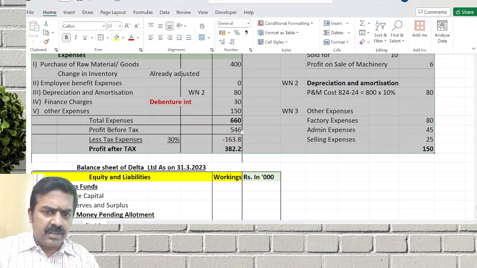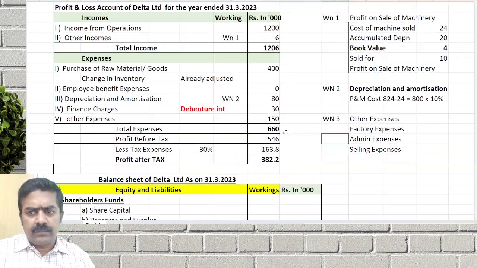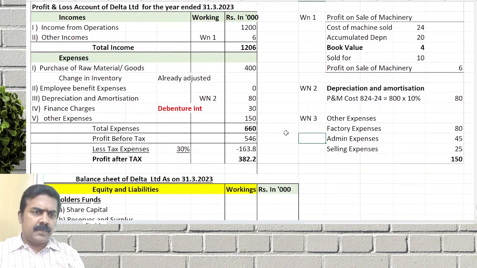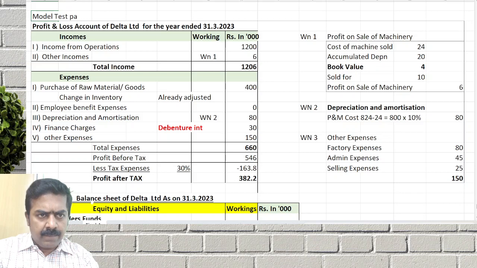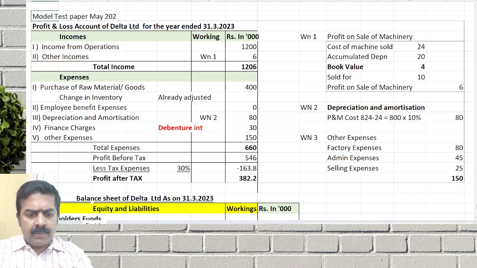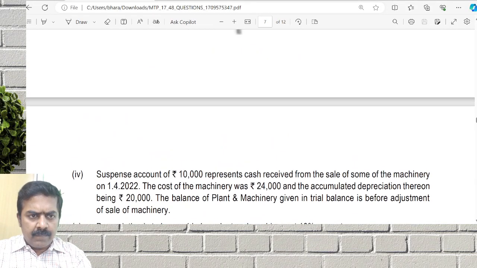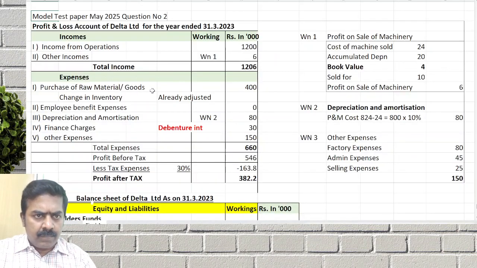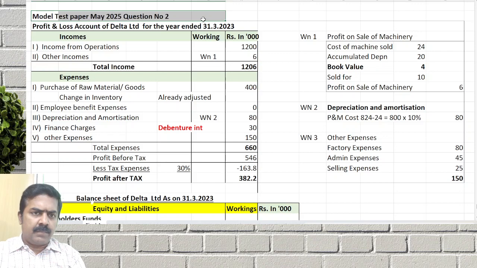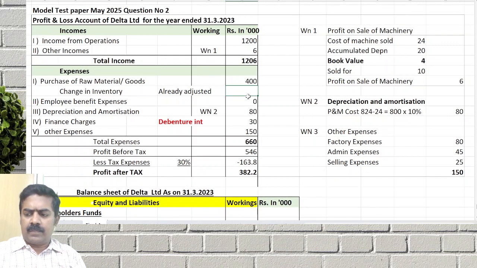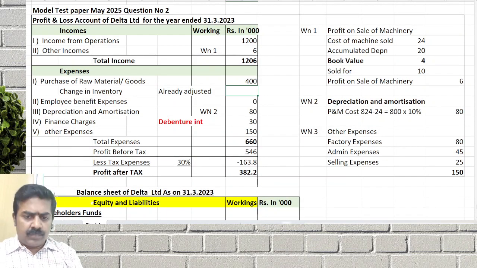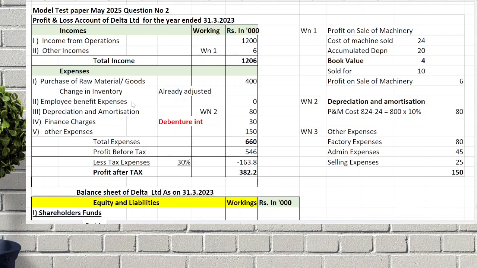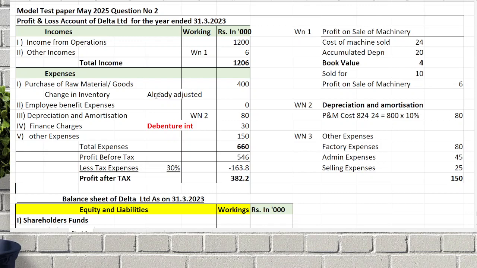Profit and loss account. Once you complete this, then we can start with which one? Balance sheet.